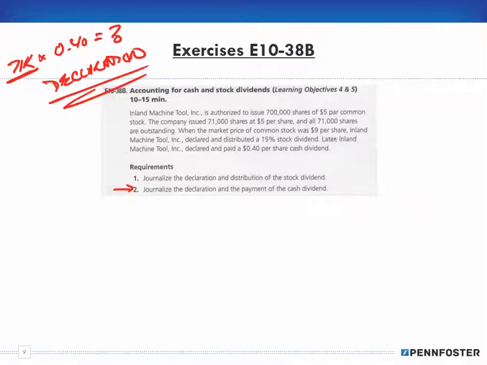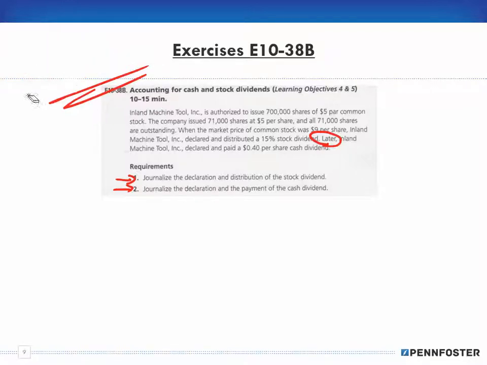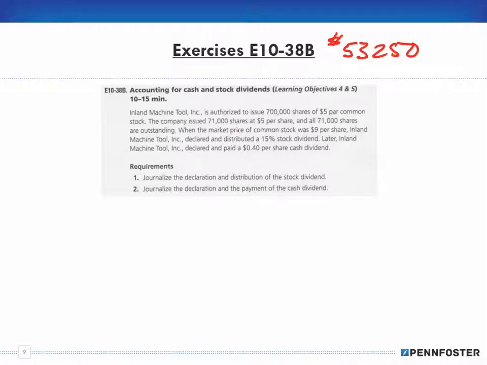When the market price of common stock was $9 per share, Inland declared and distributed a 15% stock dividend. That's what we did for number one here, right? But then it says later, Inland Machine declared and paid a 40-cent per share cash dividend. Well, what happened in number one? Look back to the journal entry I told you to make, and you'll see that we credited common stock for an additional $53,250.